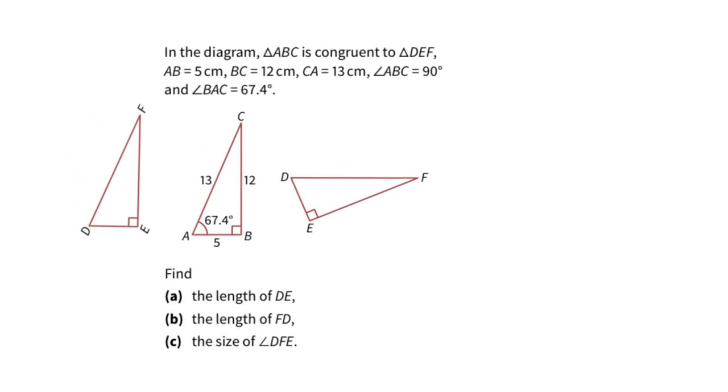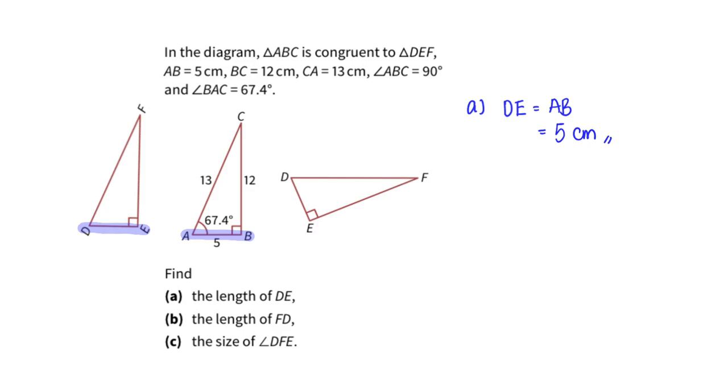Okay, once I have that, then I will be able to see that DE and AB are equal because they are congruent. So for question part A, please see that AB and DE are the same, and therefore DE is equals to AB, in this case 5 cm.